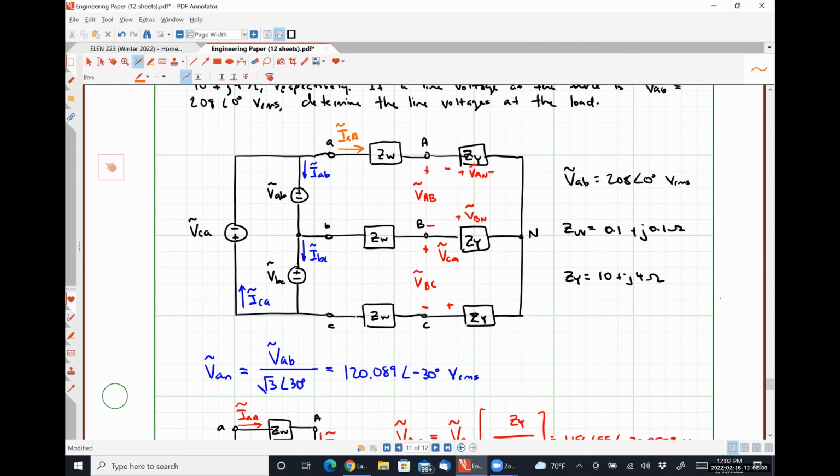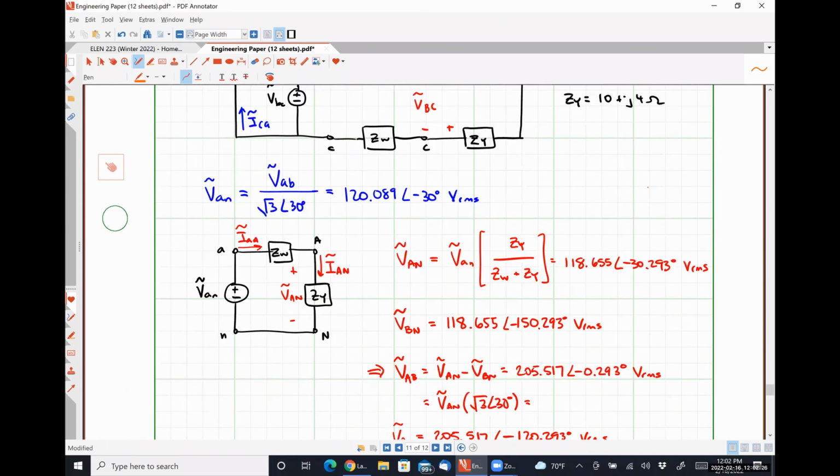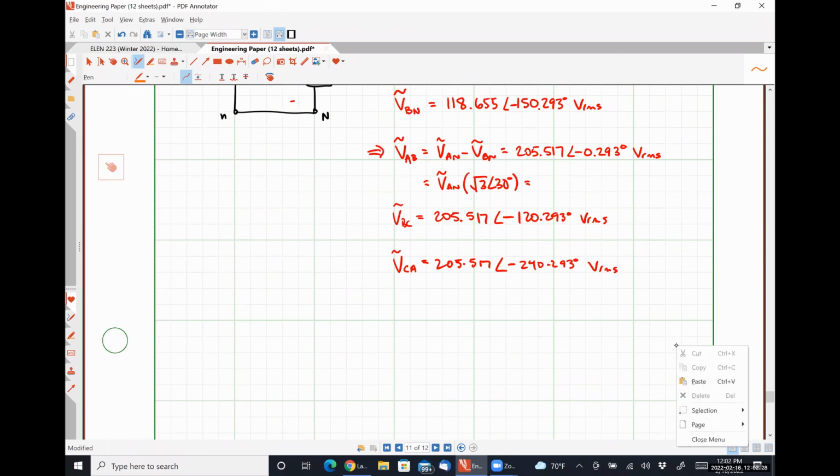So we have one equation and two unknowns, but I'm saying that we have enough information for a balanced three-phase system. Exactly right. So we can represent ICA in terms of IAB, giving us only a single unknown quantity, right? So let's go through the motions here and perform this analysis.